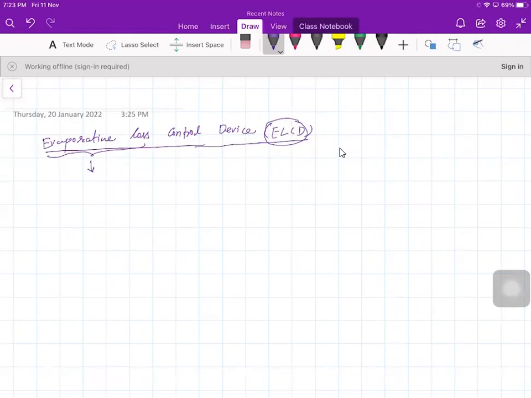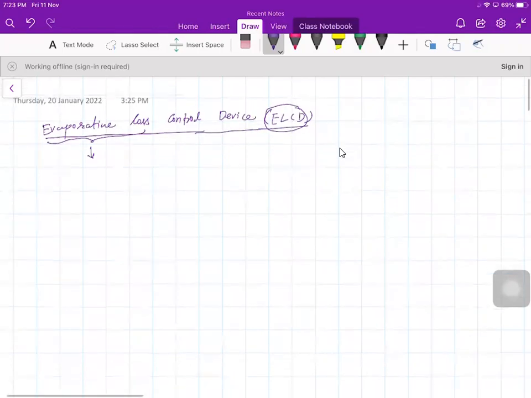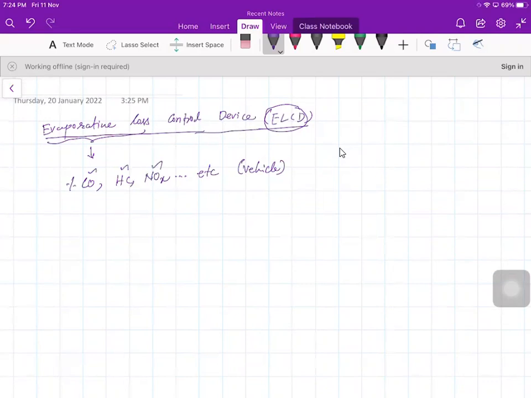If you recall one of our introductory classes on emissions, we discussed that a vehicle emits some percentage of carbon monoxide, hydrocarbons, NOx, etc., and we also know the sources of carbon monoxide, hydrocarbon and NOx, isn't it?